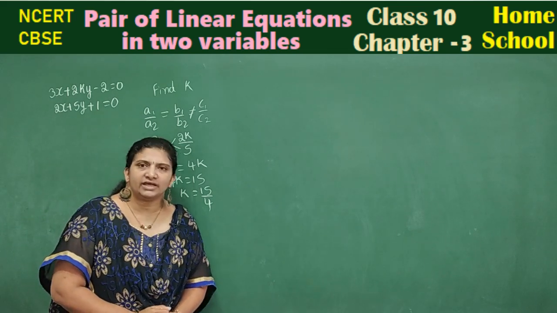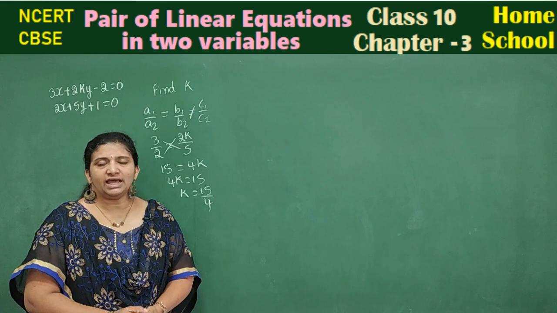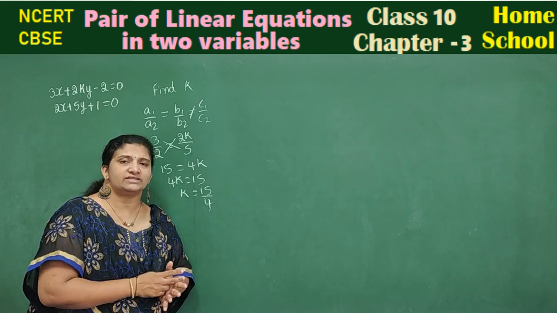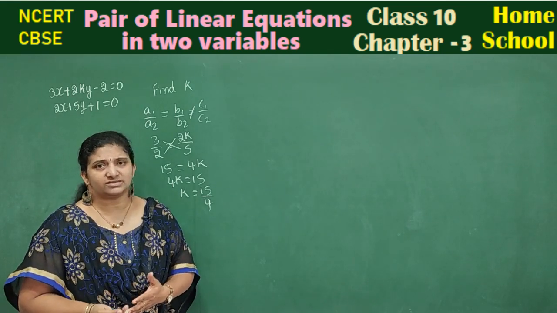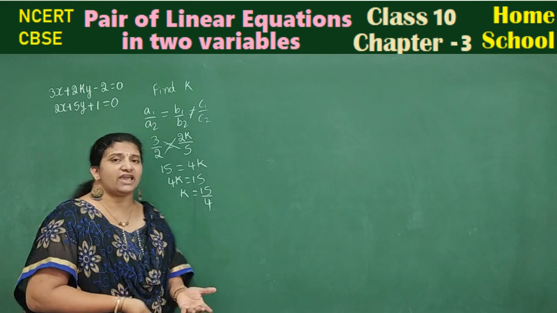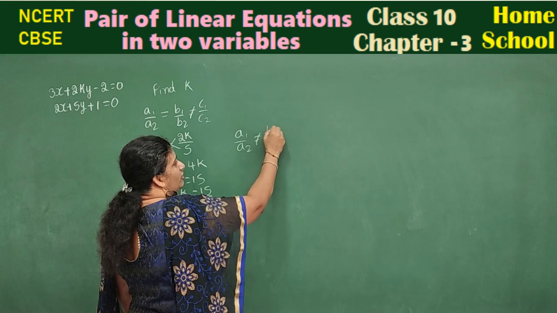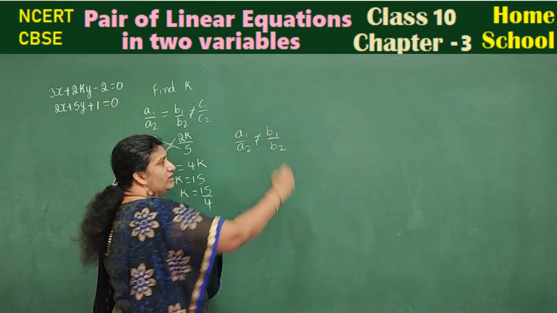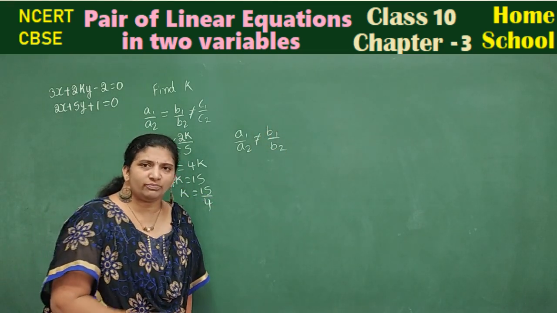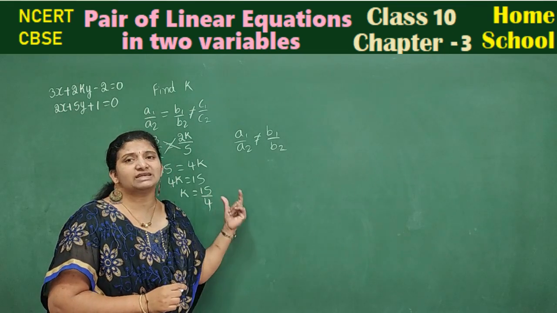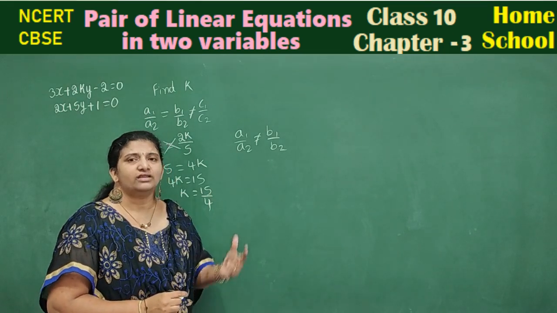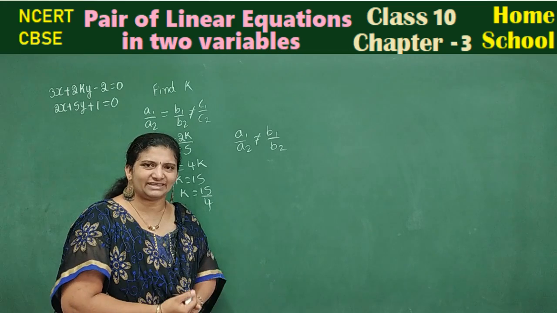Any pair of linear equations in two variables will be given, and they ask you whether the two equations are consistent or inconsistent. If a1 by a2 is not equal to b1 by b2, then what is the graphical representation? The two lines will be intersecting.